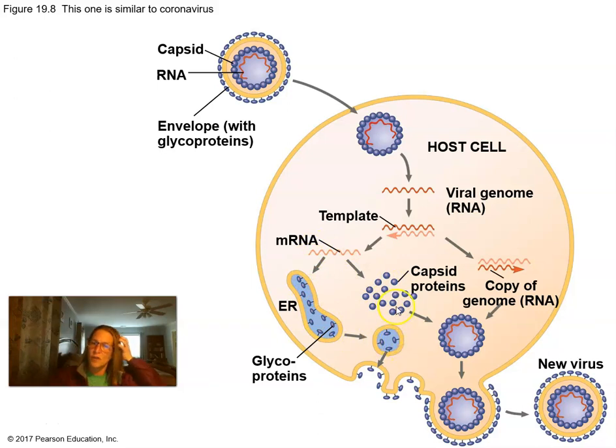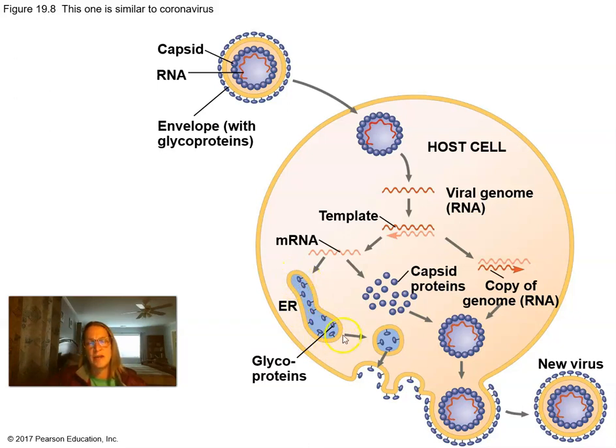Once you have the viral proteins and the new copies of the viral genome, they will assemble again. Over here, it's showing the mRNA being used within the host cell's ER to create proteins that will be incorporated into the viral envelope.